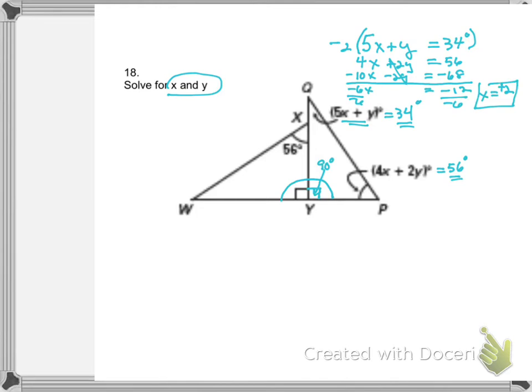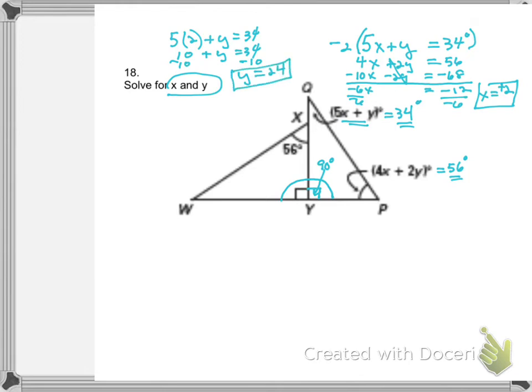Once we have our x, we can plug in, so into the top equation if I want. I can plug it in any place, really. Okay, so I can solve now. 10 plus y equals 34. Subtract 10 from both sides, and I get y equals 24.